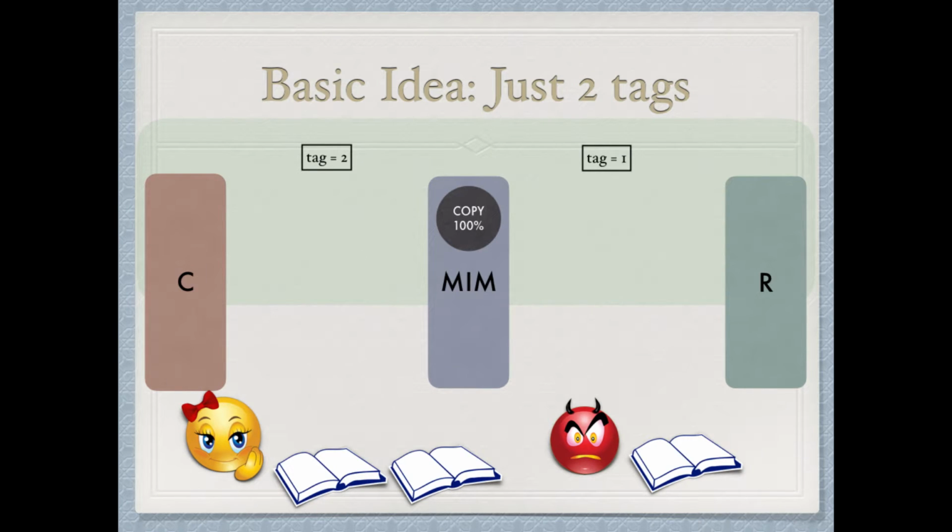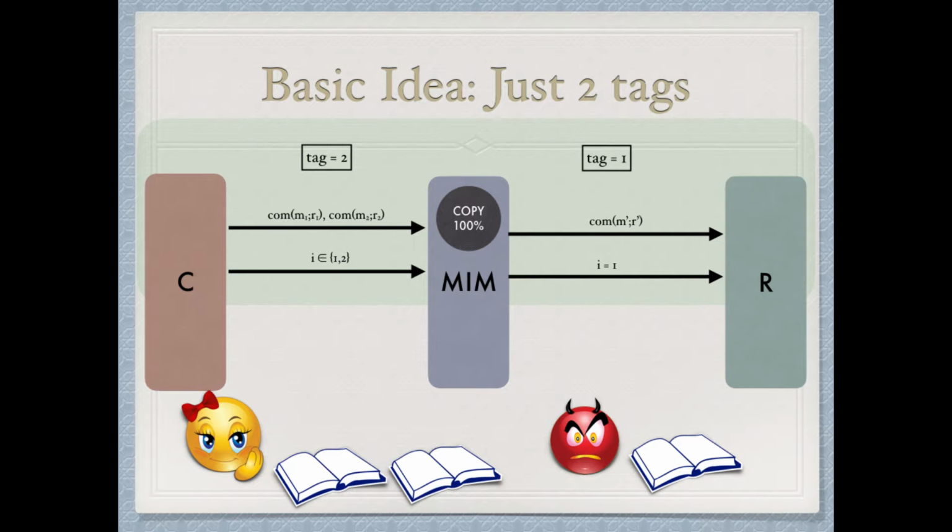So in the commitment setting, the honest committer, let's say his tag is 2 and is bigger than the man in the middle's tag. Let's just assume that for now. He gets to send 2 commitments, and he has to place his actual message in only one of these places, and he can just place a garbage value in the other. And the man in the middle gets to send just 1 commitment.